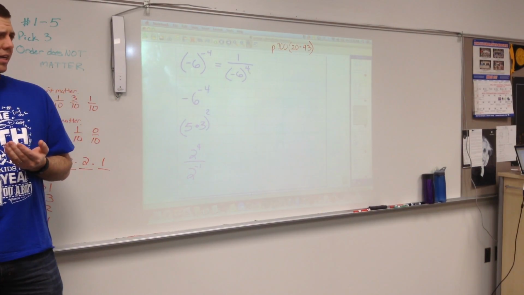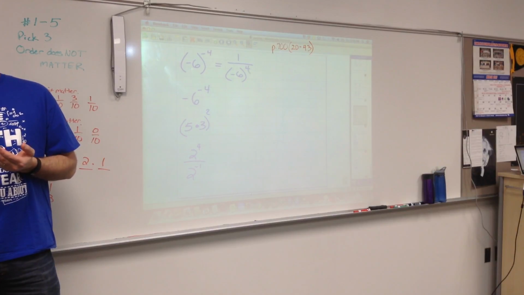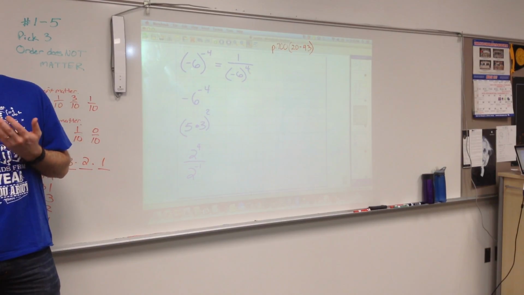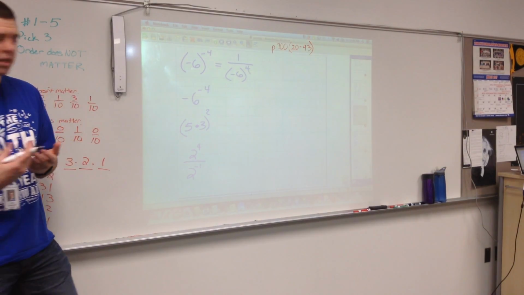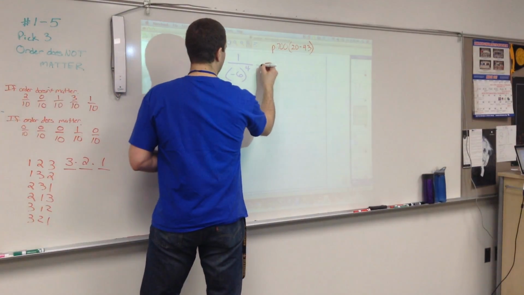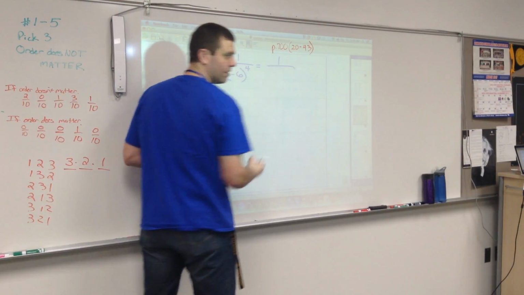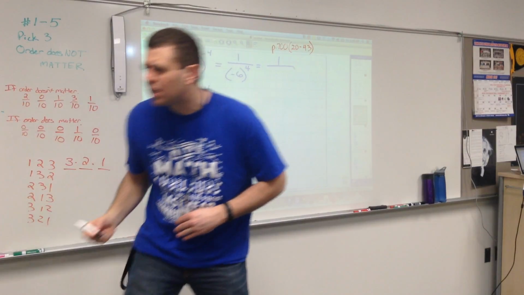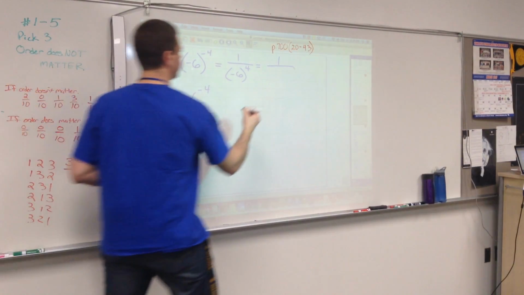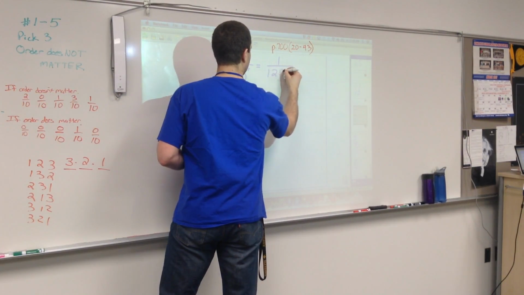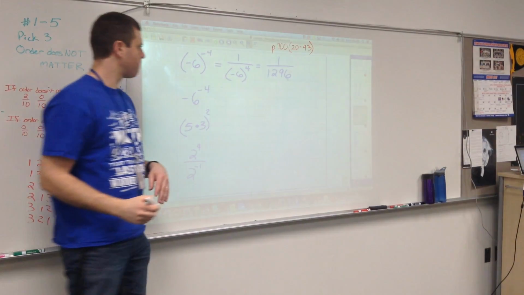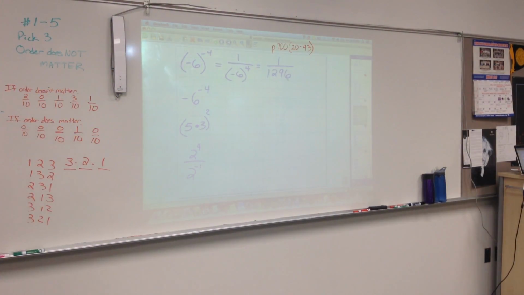When I do that, will I get a positive or a negative number on the bottom? Positive, because a negative number times itself 4 times will give you a positive. And has anybody completed that yet? What is it? 1296. Right. So that answer would be 1 over 1296. Any other thoughts on that one?